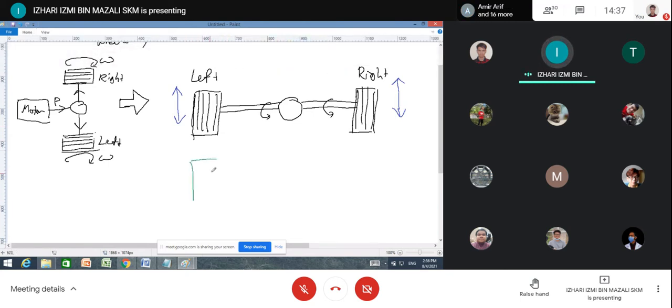I'll try to use green color. Now you know that your tire has to be connected to a certain component here, and then you have to use something we call a universal joint. Here, universal joint. Longer a bit.